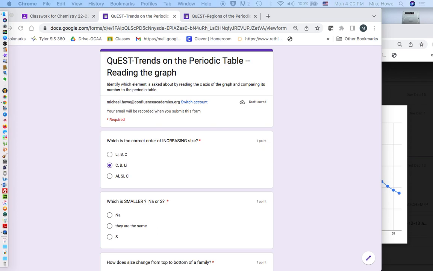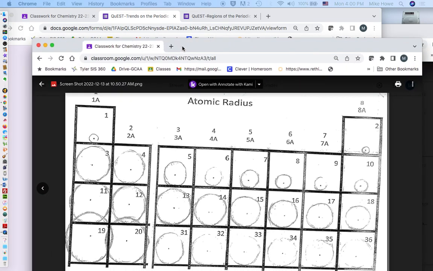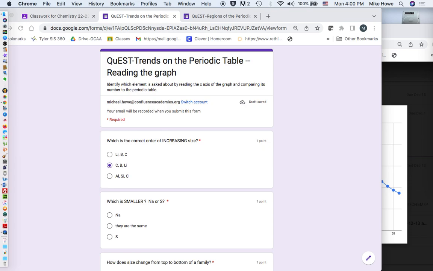It might not be really quickly. So this is the little graph I was going to show you. So carbon's over here, boron's here, lithium's over here, so you can see they're getting bigger as you go to the left.